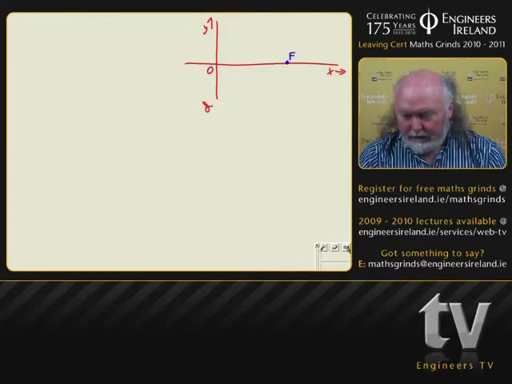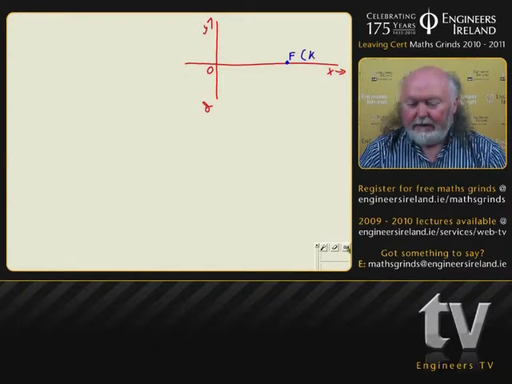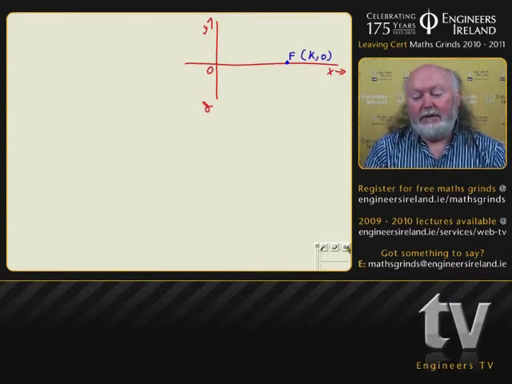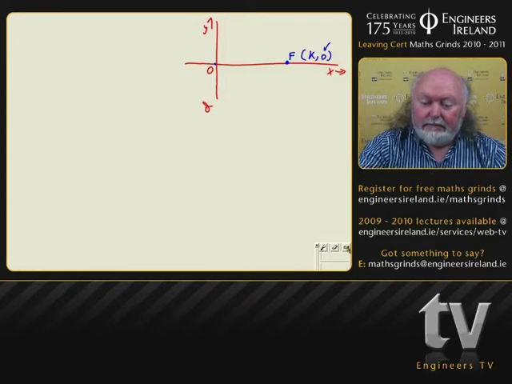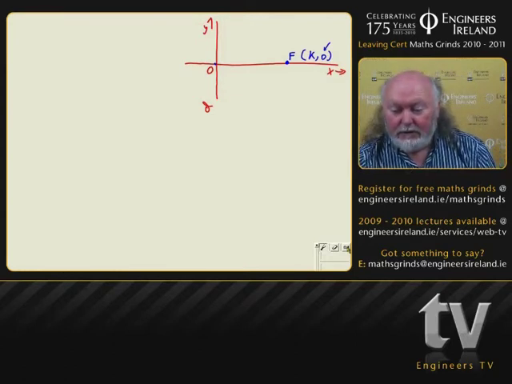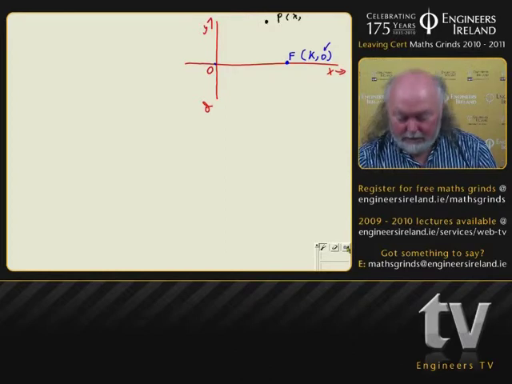And we're saying it's going to be a certain distance along. Because it's on the x-axis, the y bit is nothing. So we're saying it's k all the way across. From here to here is k units. Now let's pick a point. And we're going to start asking questions about this point. Just x, y.